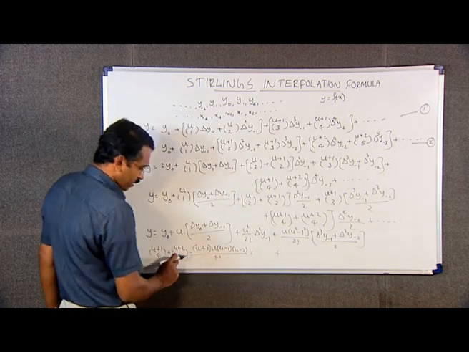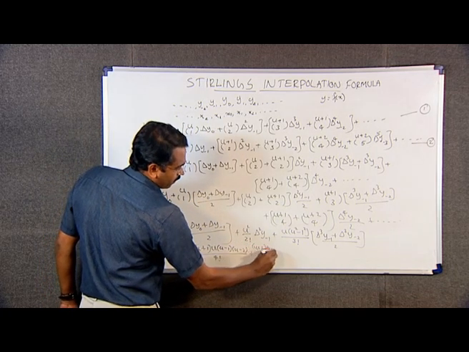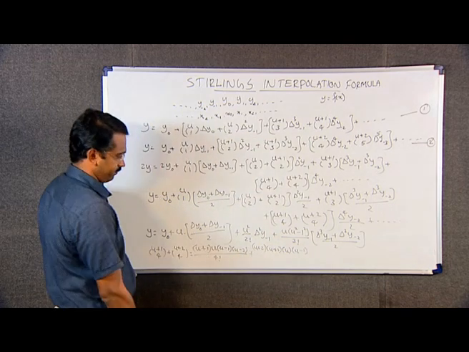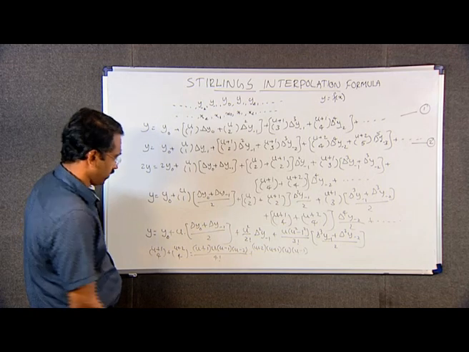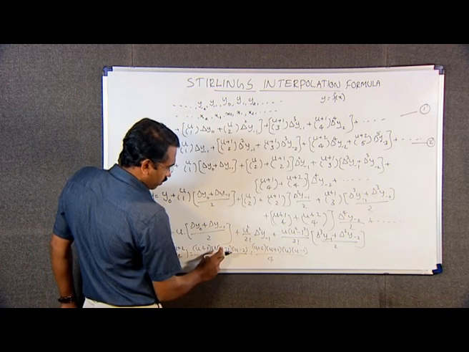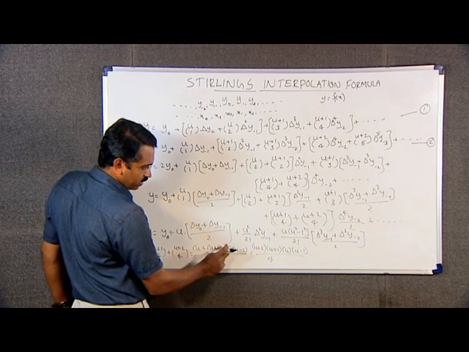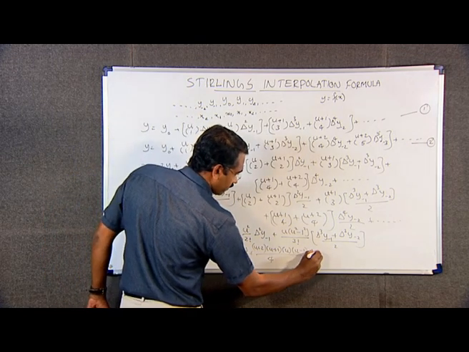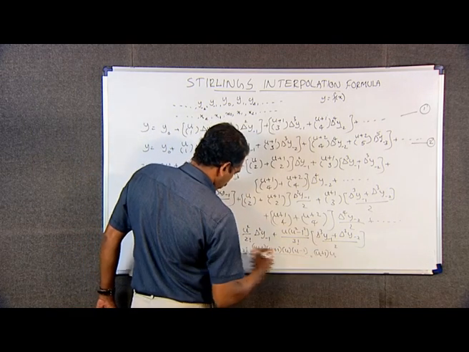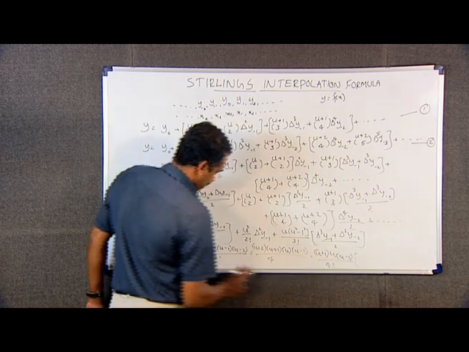plus (u plus 2)C4, meaning (u plus 2) into u into (u plus 1) into (u minus 1), divided by 4 factorial. Here u into (u minus 1) into (u plus 1), or (u plus 1)(u minus 1) divided by 4 factorial, is common.